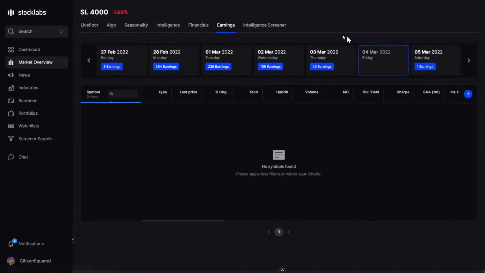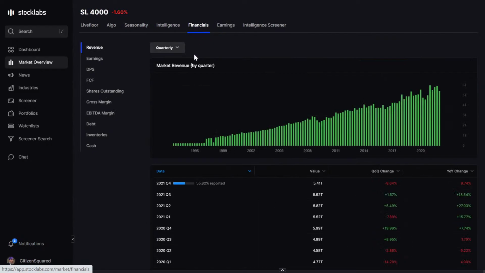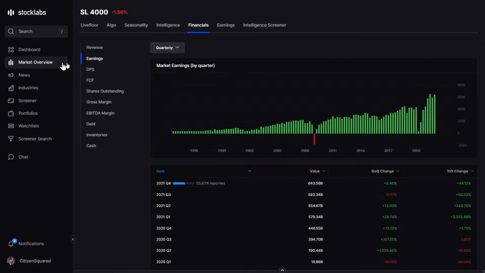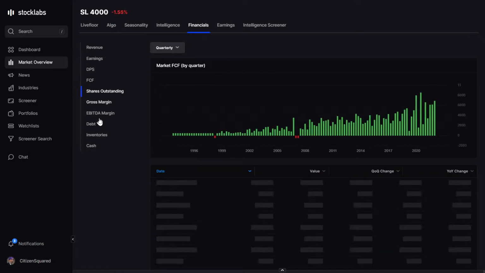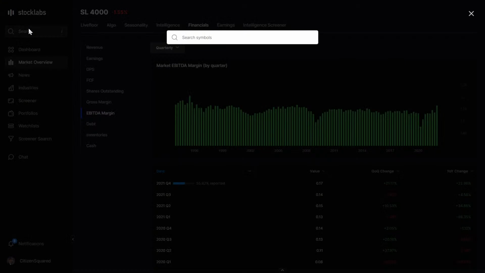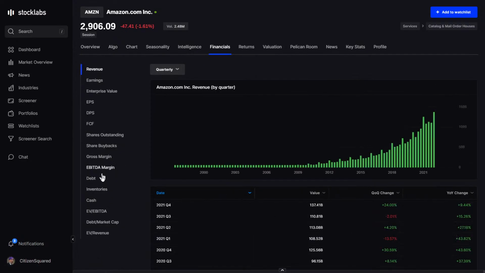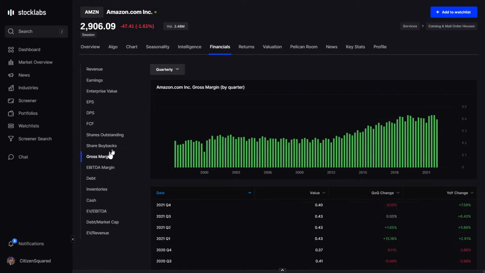Earnings calendar, don't need that right now. Everything bombs out on earnings. Financials, basically 30 years of financial data on just a wide range of things. And there's even more fields if you're on an individual stock. So we've got margins, we've got some of these.